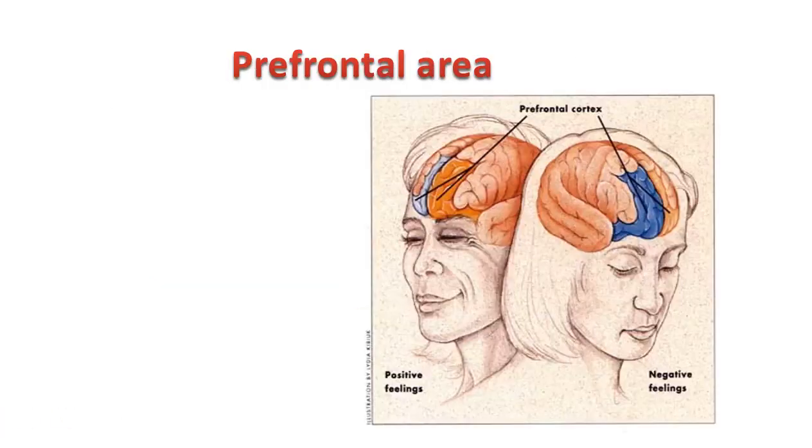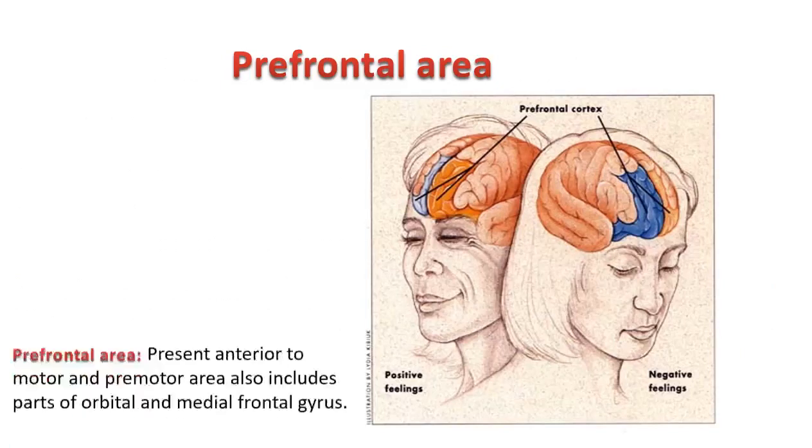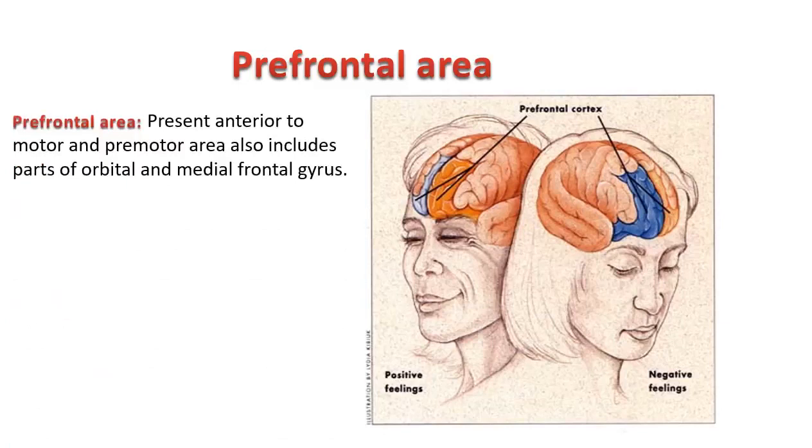The next area is the prefrontal area. The prefrontal cortex interacts with both somatic and visceral activities. It includes parts of the orbital and medial frontal gyrus, and all the area anterior to the motor area. So you exclude the motor areas 4, 6, 8, and everything anterior to it is called the prefrontal area.